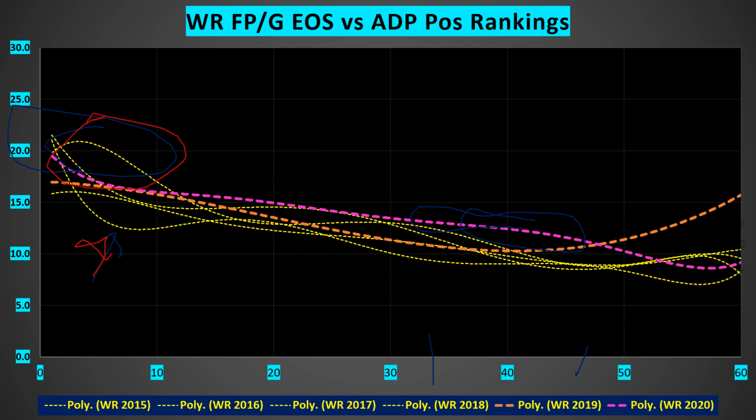So I colored the 15, 16, 17, 18, those 4 years in the yellow. And these are trend lines here, by the way. So they smoothed out the bumps in the data. And you see kind of a general degradation of the fantasy points there. 2019 was really strange. You see this kind of kick up in here, 50 to 60.